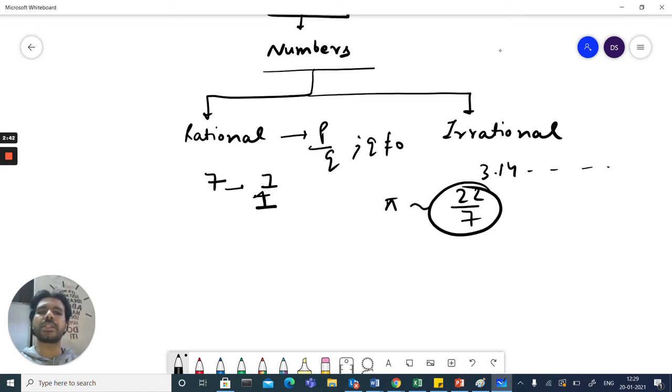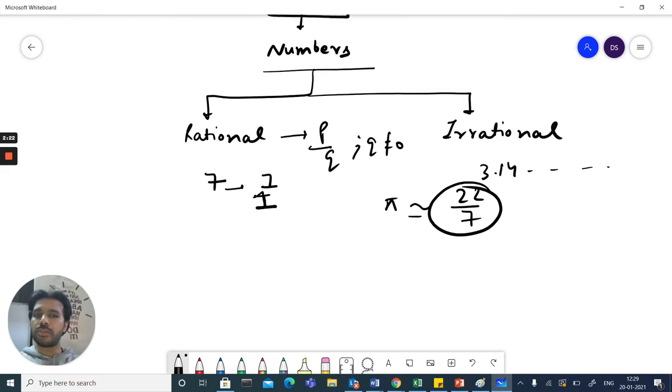It's an approximated value of pi. Actually the number is never 22 by 7. So a better way to detect whether a number is rational or irrational is simply by checking whether it can form a p by q form.